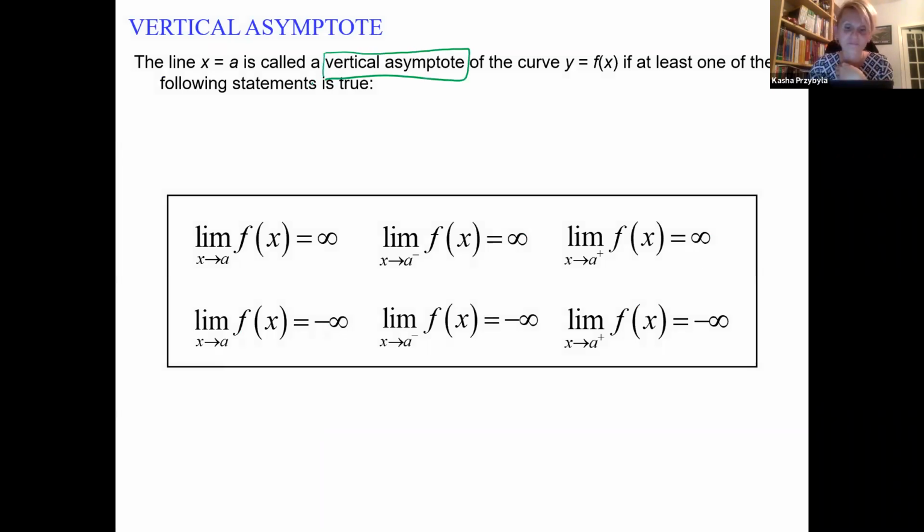Okay, and then I do have a definition. The line x equals a, yeah? It's just enough if you get even one-sided limit infinity, and then it's a vertical asymptote. We will still get back to these vertical asymptotes, but you now know the definition, the limit definition.